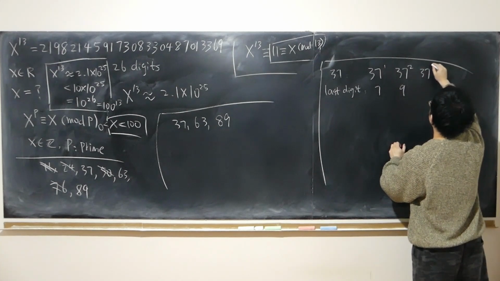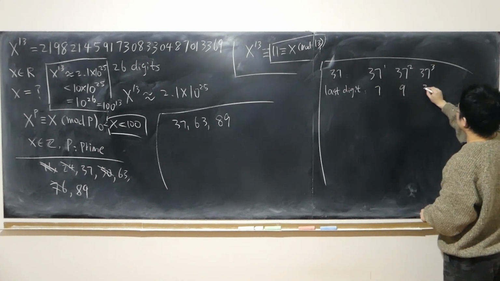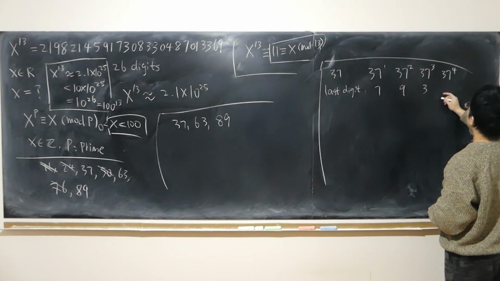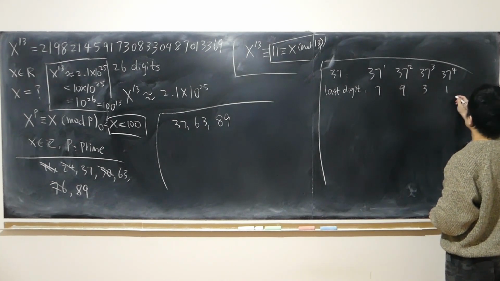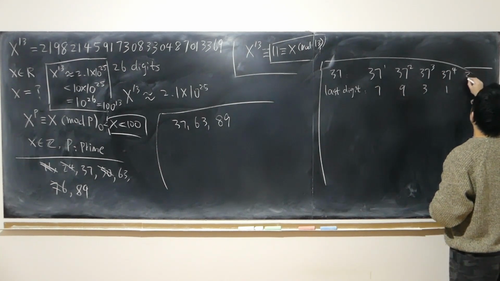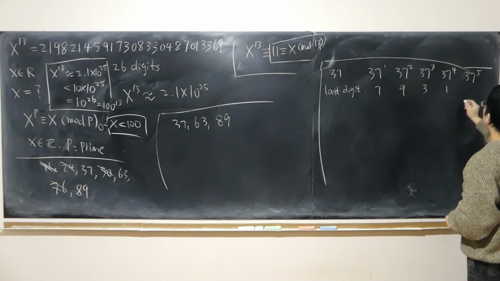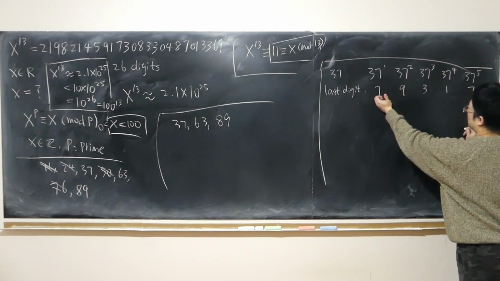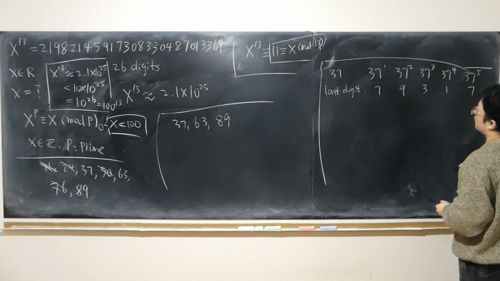Raised to the power of 3, it will be 3. Raised to the power of 4, the last digit would be 1, obviously. Raised to the power of 5, 1 times 7, 7 again. So that's its cycle: 7, 9, 3, 1, 7, 9, 3, 1, and so on and so forth.